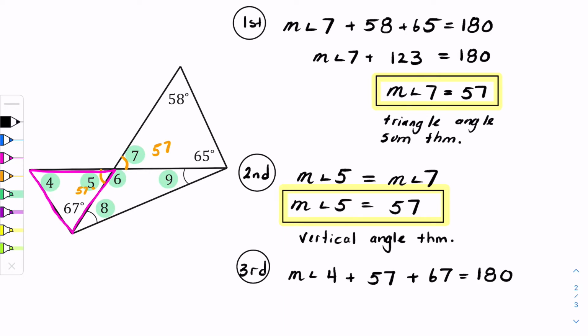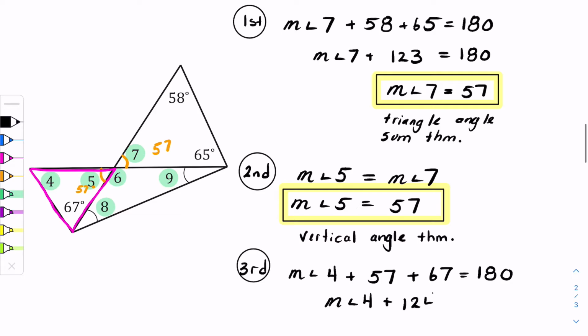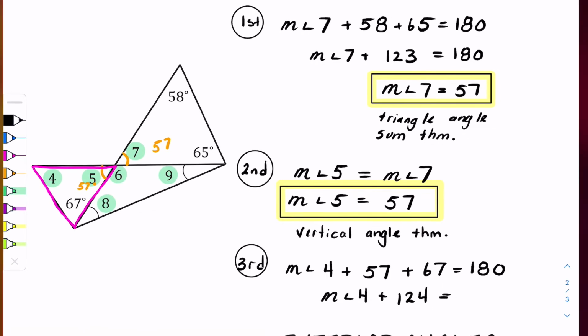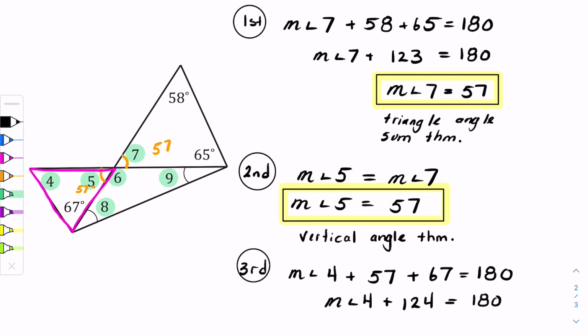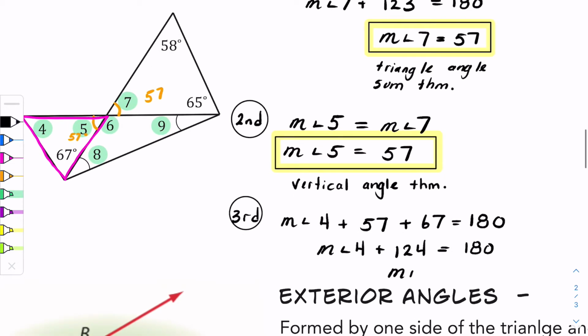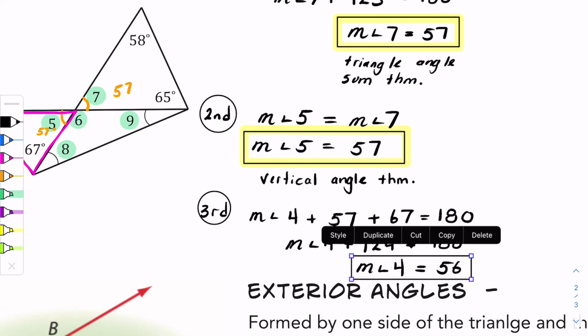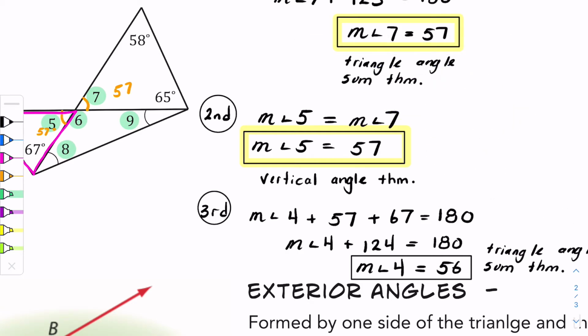When I add these together, I have the measure of angle 4 plus 124 is equal to 180. Subtract 124 from both sides, and the measure of angle 4 is equal to 56 degrees. I'll put my note off to the side that this is because of the triangle angle sum theorem.